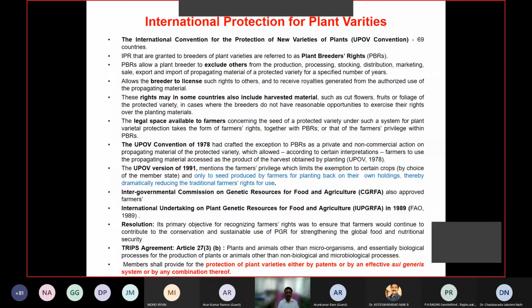So for us a great advantage came from India negotiating and joining a famous international treaty, the International Undertaking on Plant Genetic Resources for Food and Agriculture, which came out of the Commission on Genetic Resources for Food and Agriculture of the FAO.